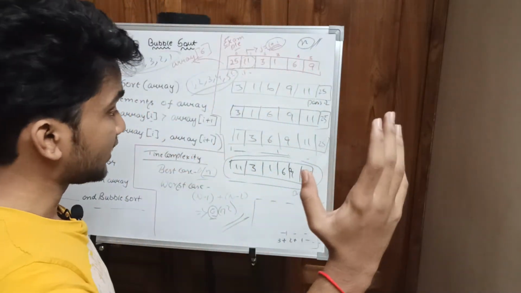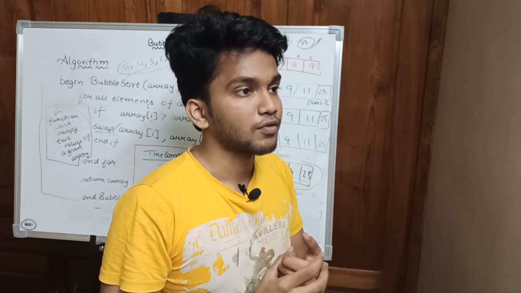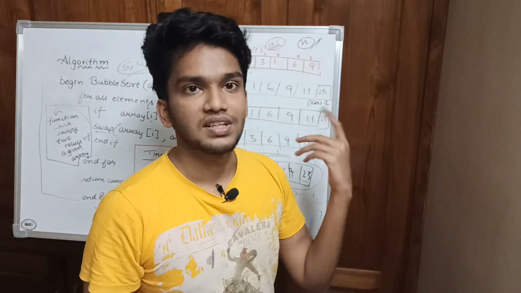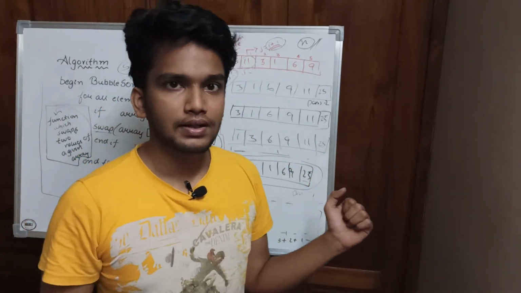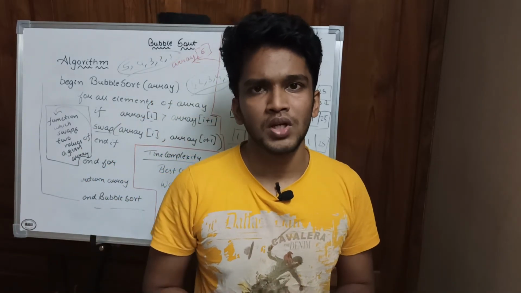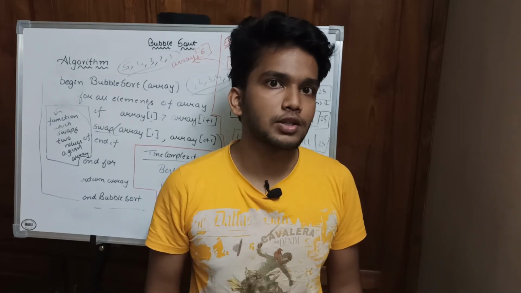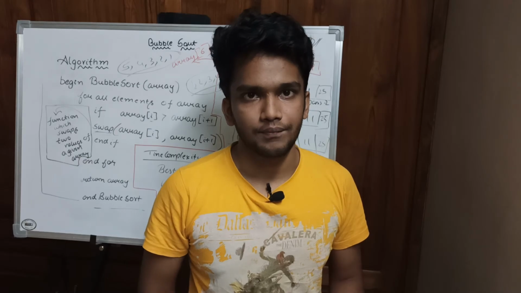But for an array of very huge size, of 100 elements or 50 elements, then you should search for another algorithm. Then this is going to be time consuming as well as unsuitable, because performing that many swappings, we can't prefer that kind of algorithm at that time.